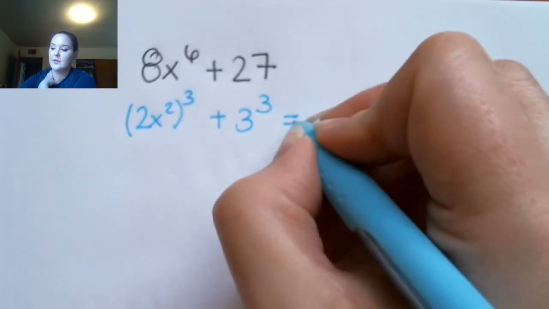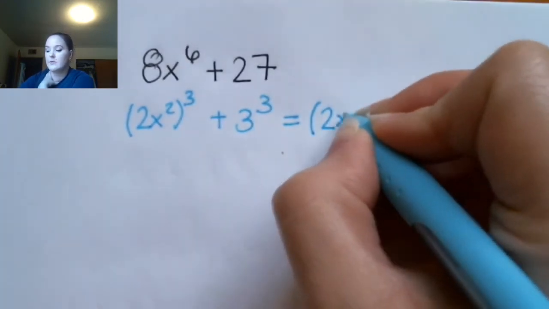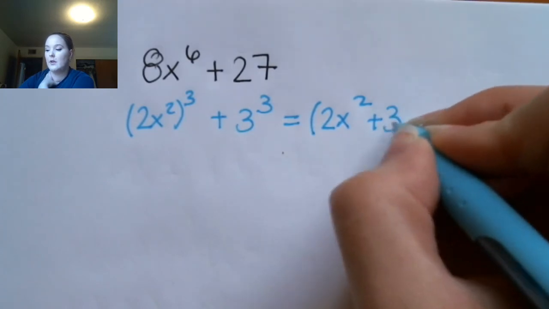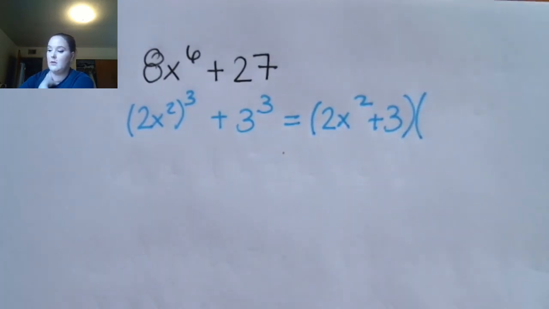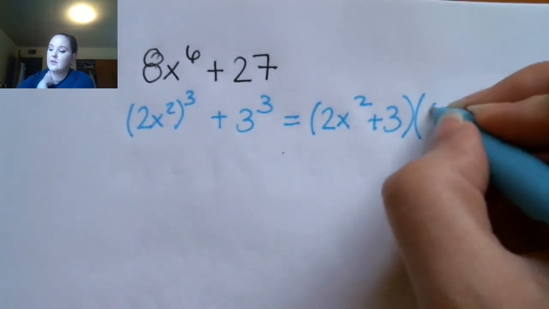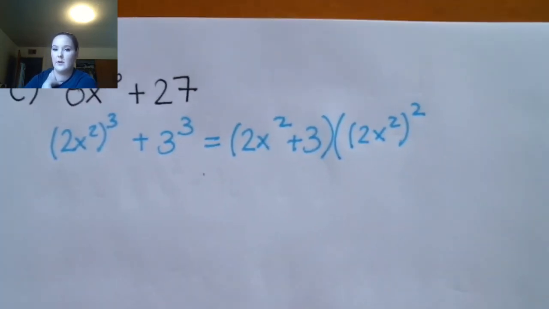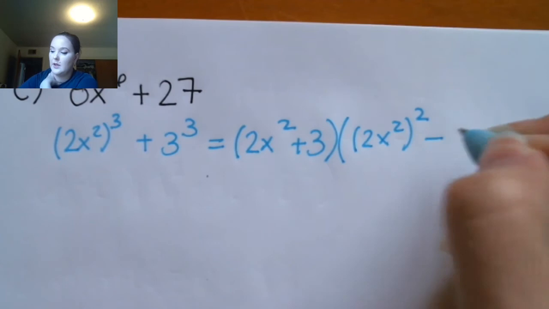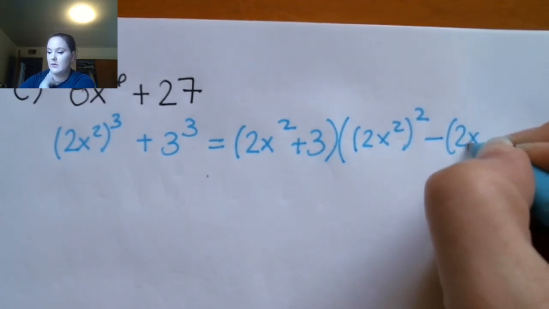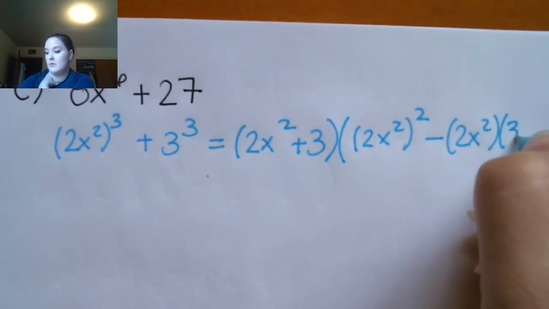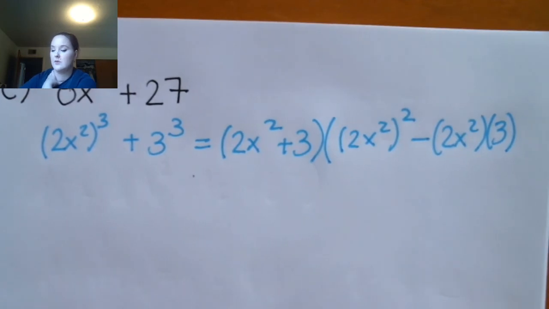So this is going to be 2x squared plus 3, and then we're going to have a squared, so 2x squared squared, minus ab, plus b squared.